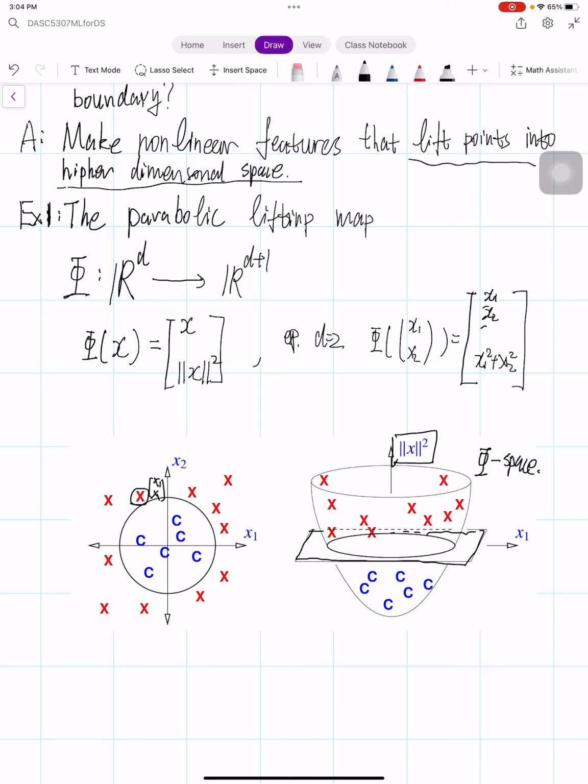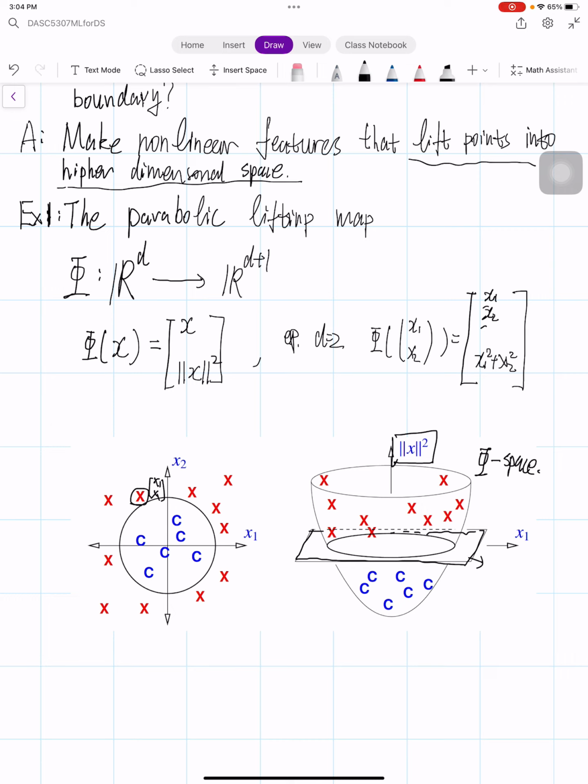In the lower dimensional case, we can only find a linear classifier, which is a line. There's no line that can perfectly classify these two classes, right? But in the higher dimensional case, we lift it, and we have the hyperplane.